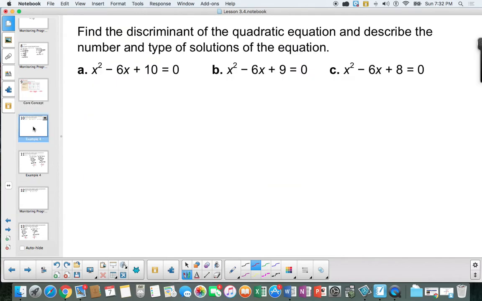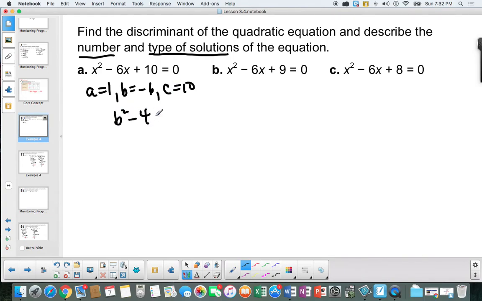All right, let's take a look at this. I am going to do this first part right here, and I'm going to try to figure out the discriminant number and the type of solutions. So I know that my A is equal to 1, my B is equal to -6, and my C is equal to 10. The discriminant is the part under the square root.